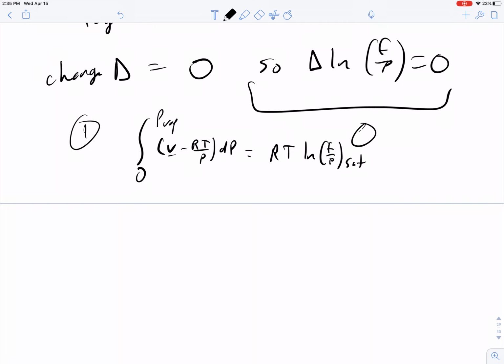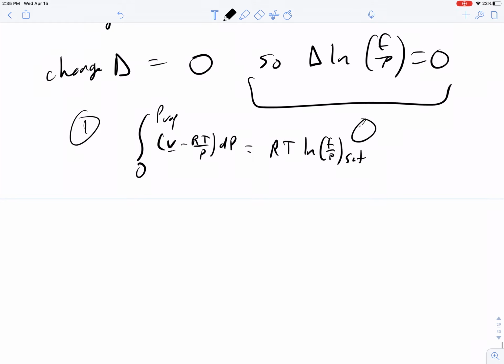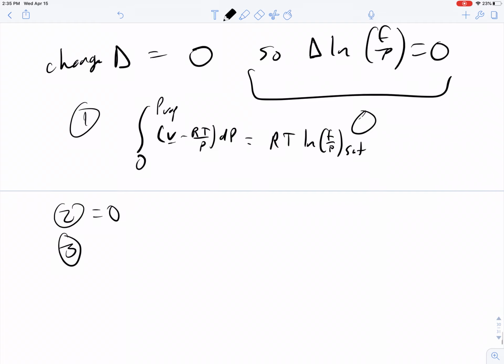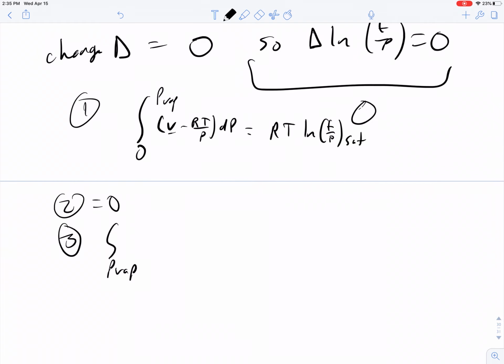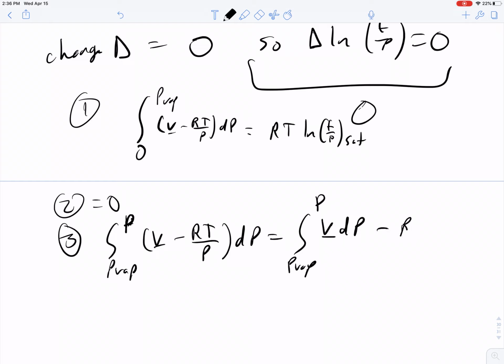Okay, that's to the point where this transition occurs. Then the integral from P vape up to P of V underbar RT over P dP equals the integral from P vape up to P of V dP minus RT times the integral from P vape up to P of 1 over P dP.